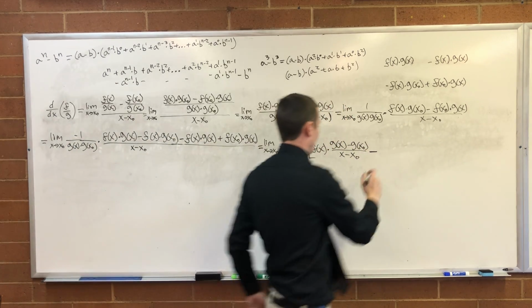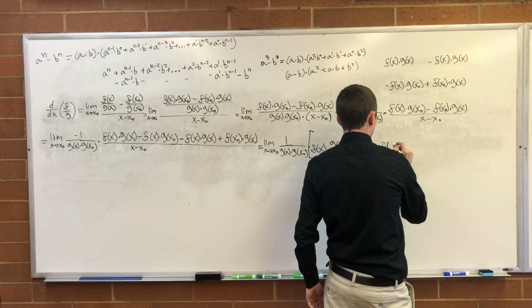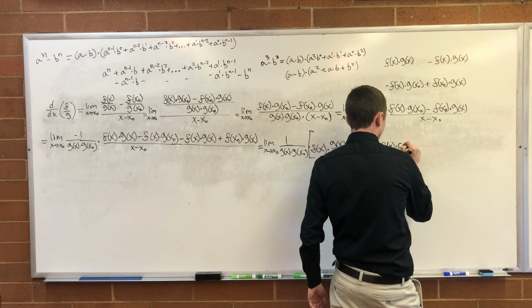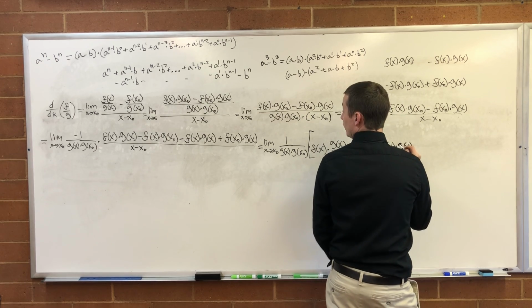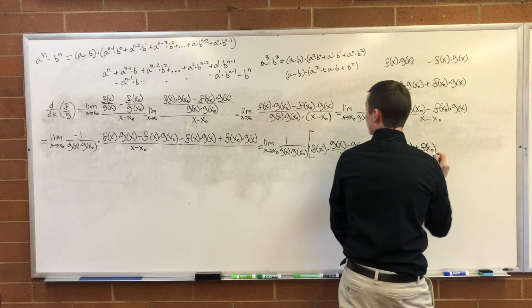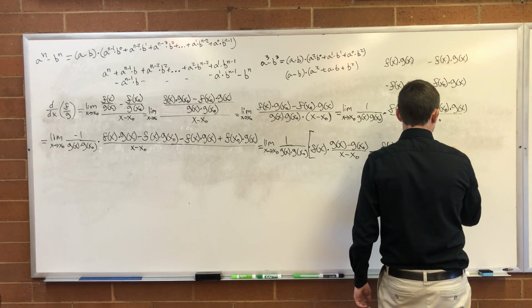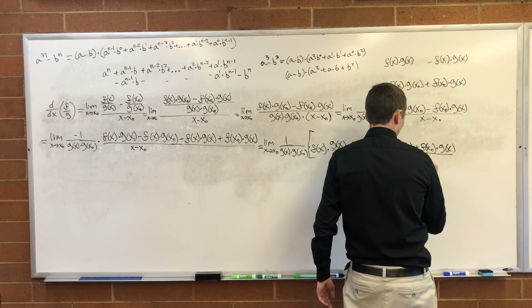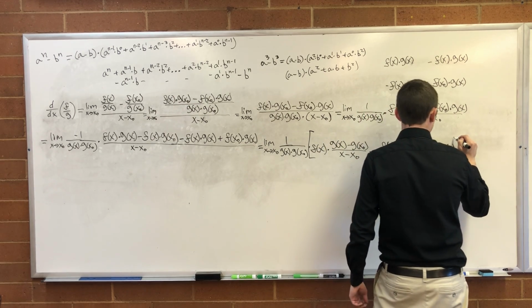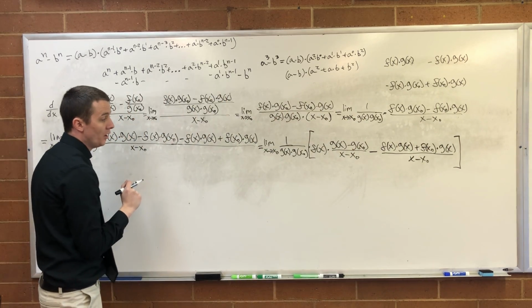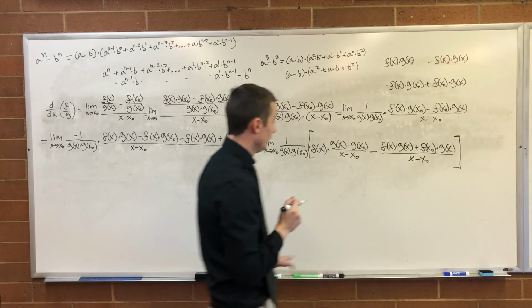So now we're going to have positive f of x times g of x plus f of x naught times g of x all over x minus x naught. Oops, probably should have done that at the same time.